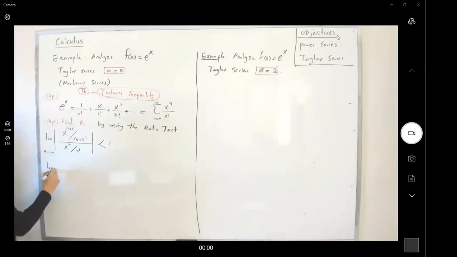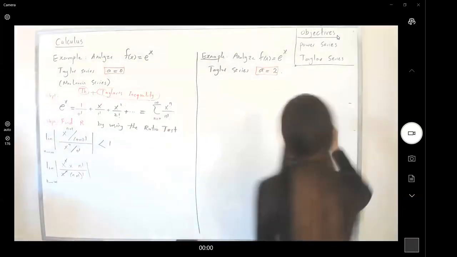It says the limit of absolute value of x to the n times x times n factorial divided by x to the n times n plus 1 factorial, as n goes to infinity. I'm trying to just simplify my left-hand side. You can cancel out x to the n. Here you have n factorial and n plus 1 factorial.